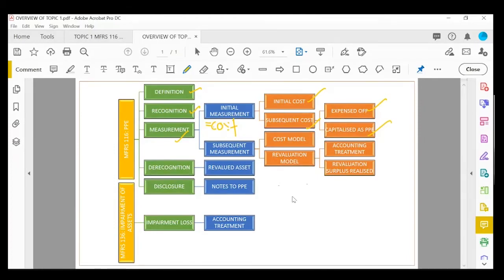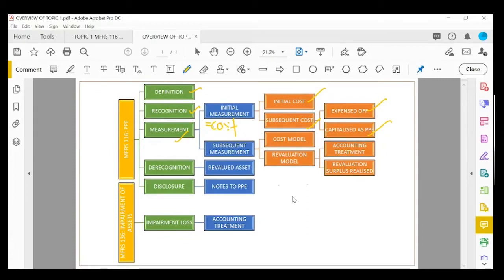Look at the initial cost, what we need to include. So you include all the three elements of cost. What are the three elements of cost? Number one, purchase price minus discount. Number two, direct cost. Number three, initial estimate of dismantling, removing, and restoring. So now you have recorded everything. Everything is in the books.